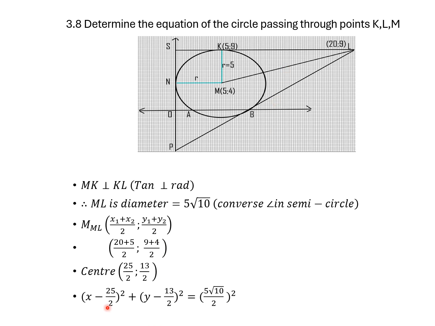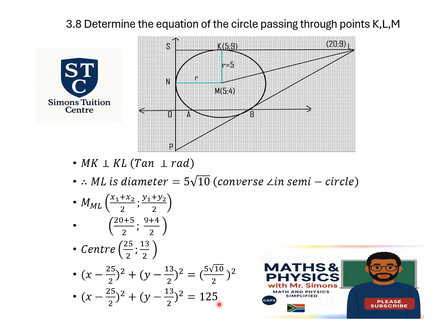So we write the equation: x minus 25 over 2 all squared plus y minus 13 over 2 all squared equals, right? ML is the diameter. The radius is half the diameter, so it's 5 square root 10 divided by 2 to get the radius, and that is squared. And if we simplify, that simply gives me 125.